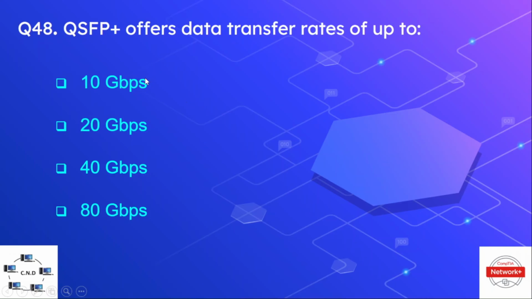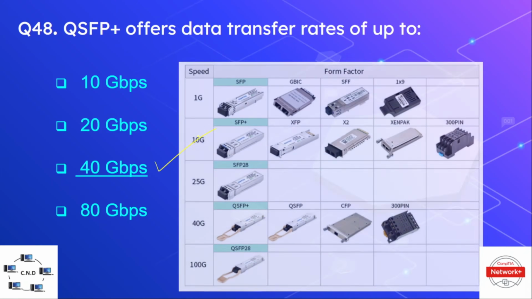Question number 48 is that QSFP plus offers data transfer rate of up to, and the options are 10 gigabit per second, 20 gigabit per second, 40 gigabit per second, and 80 gigabit per second. And the correct option is 40 gigabit per second.